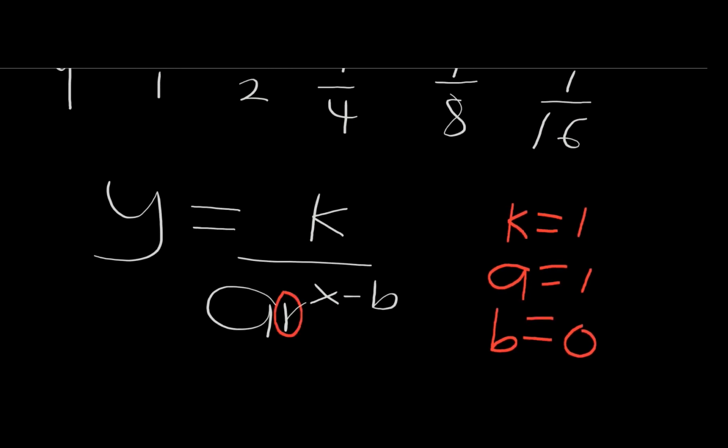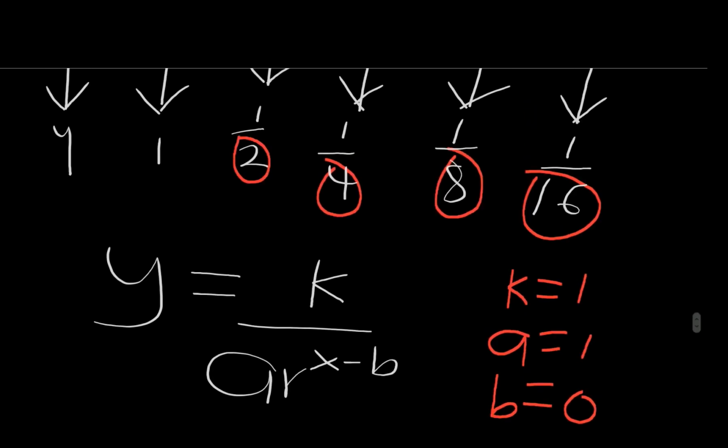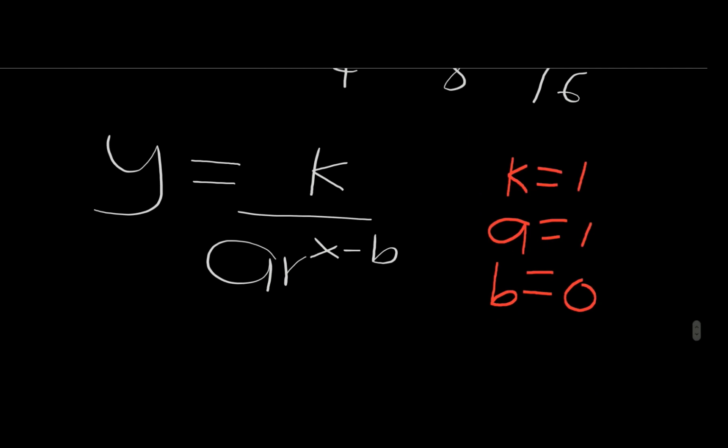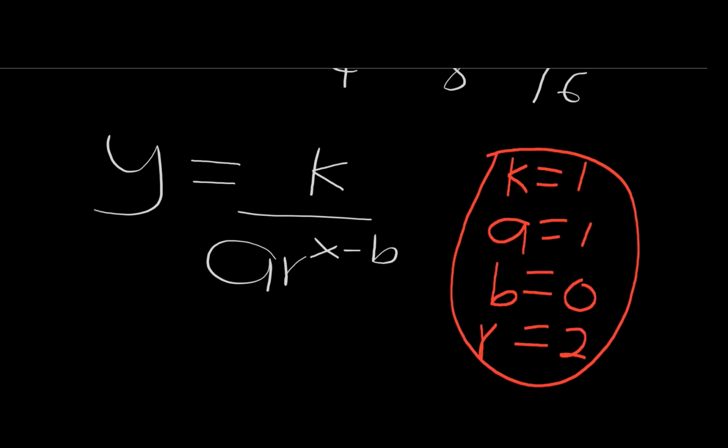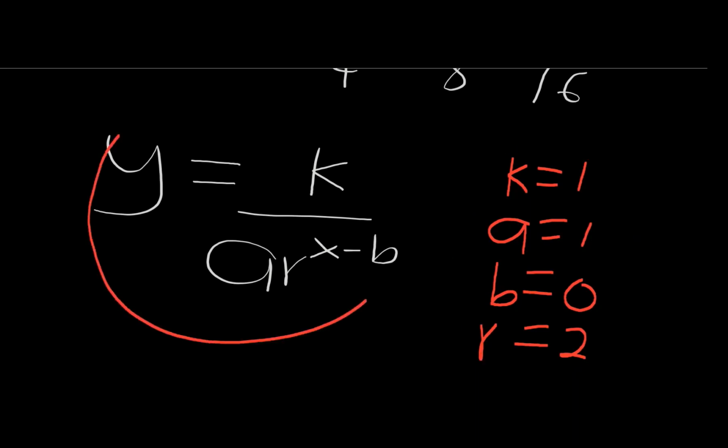And r is the common ratio in the denominator of the codomain, and when we calculated that, we got r to be equal to 2. So let's go ahead and substitute these values into this equation to get the rule for the mapping.